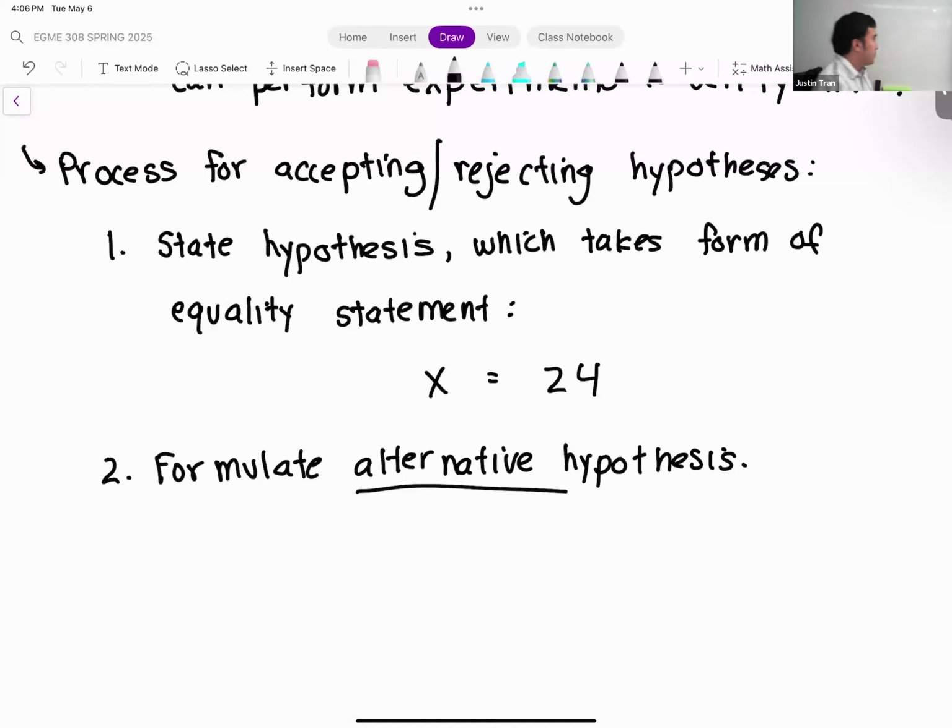Because what you're going to see is that, in any kind of practical situation, right, you can have a hypothesized value for a phenomenon, but when you actually go out and measure it, it's almost never going to be exactly what you hypothesize, right?